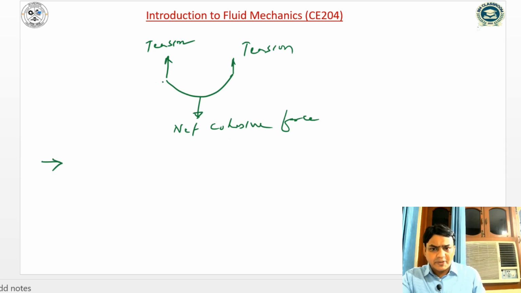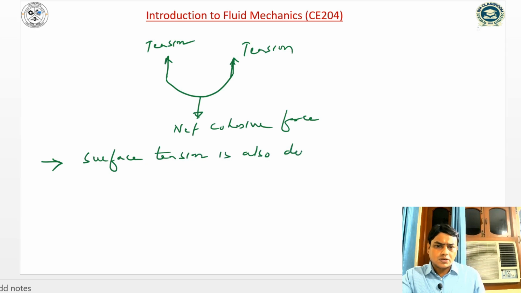So to maintain equilibrium, the tensile force, or tension force, will act at the surface, and this phenomenon is called surface tension. Surface tension is also defined as force per unit length.